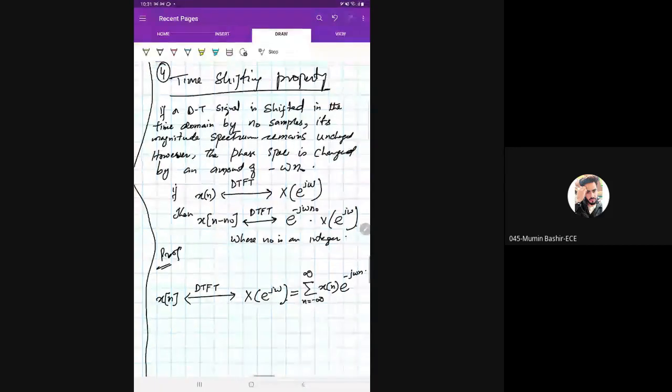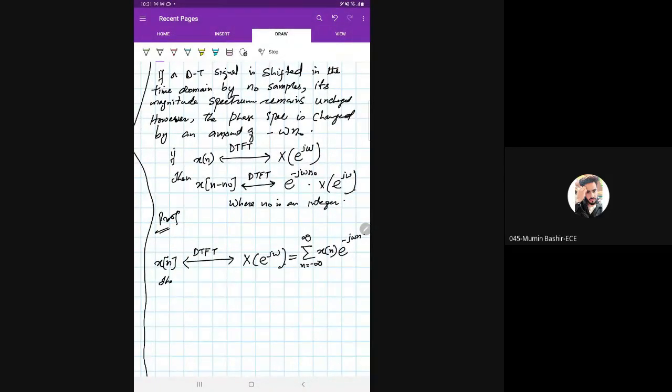Okay. Now see, therefore, what will be the Fourier transform of a shifted signal? Discrete time Fourier transform of x of n minus n naught. It is a shifted signal now.